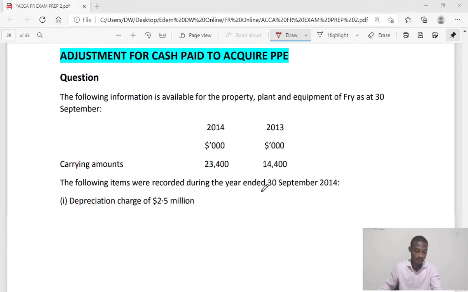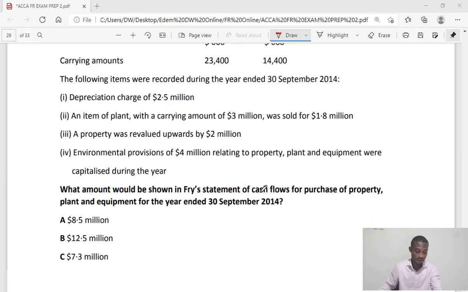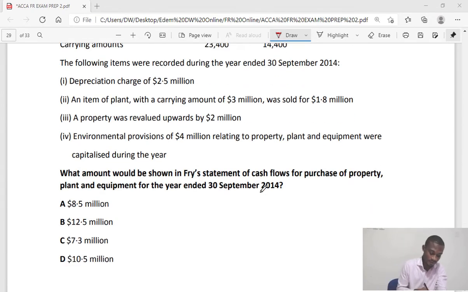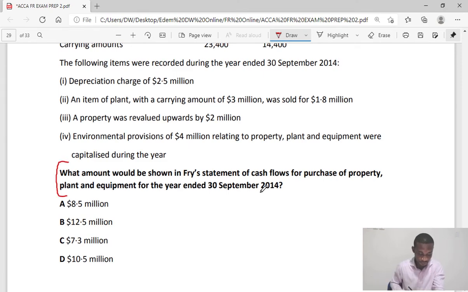So for this question, we want to look at the requirement. What amount will be shown in Fry's statement of cash flows for purchase of property, plant, and equipment for the year ended 30th September 2014?